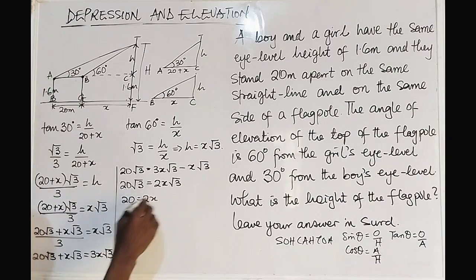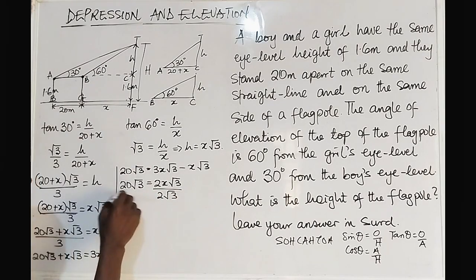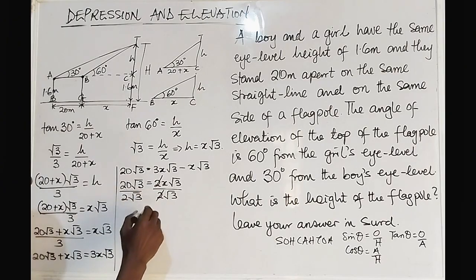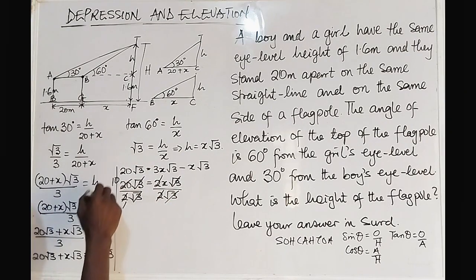So we can just say here that 20 equals 2X. Since we're looking for X, divide both sides by 2 root 3. The root 3 cancels, and 20 over 2 is 10.